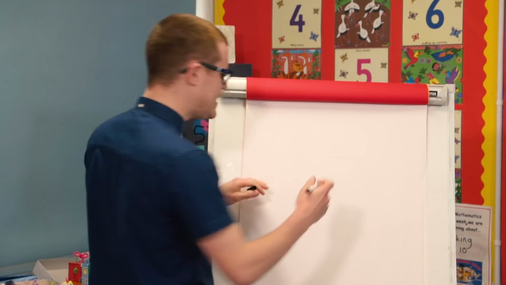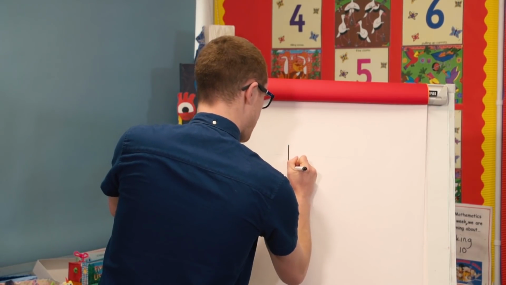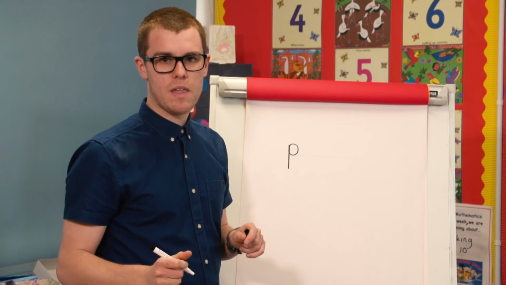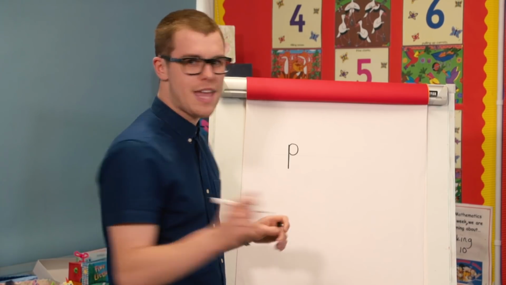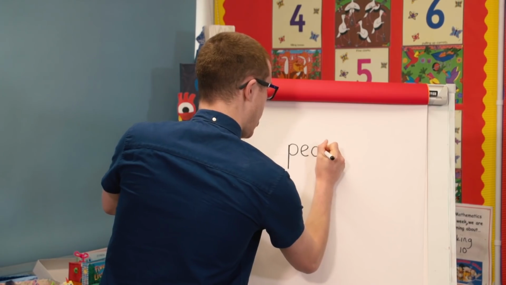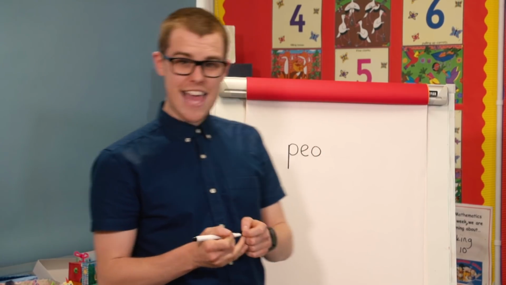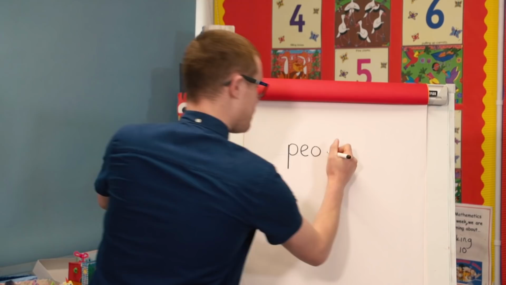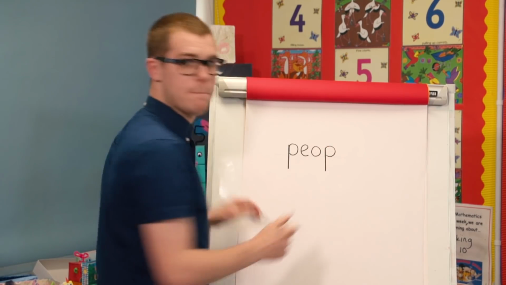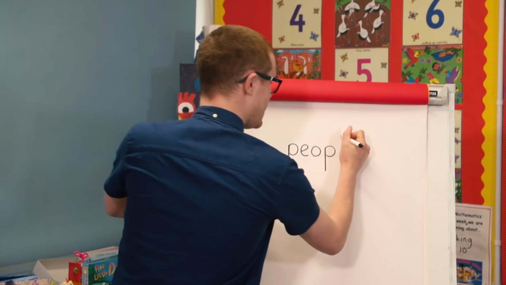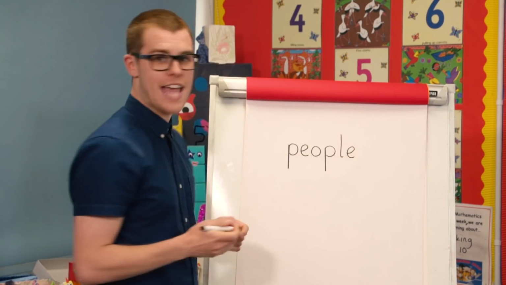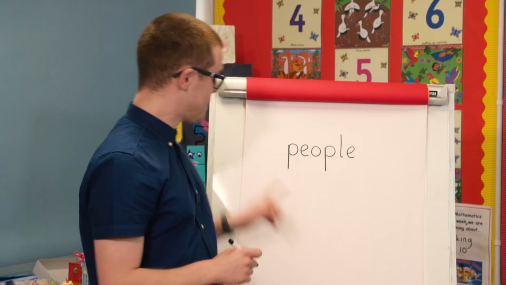Well, the first bit is easy. P. But the second bit is tricky. The E and the O say E. And then it's P. And the L and the E say L. People.